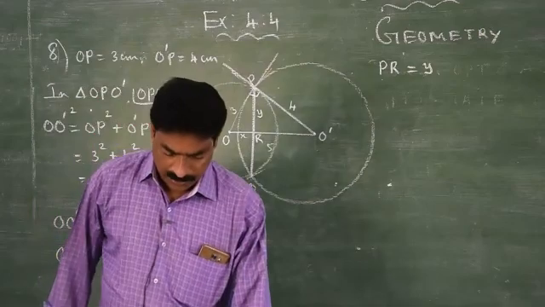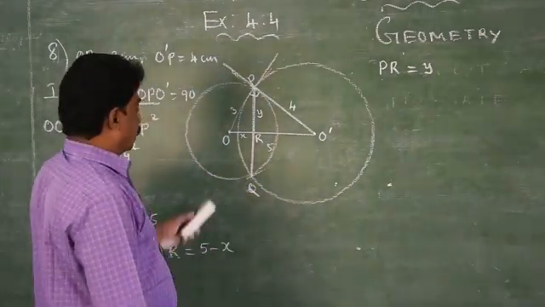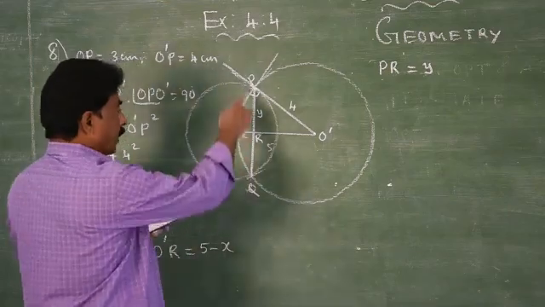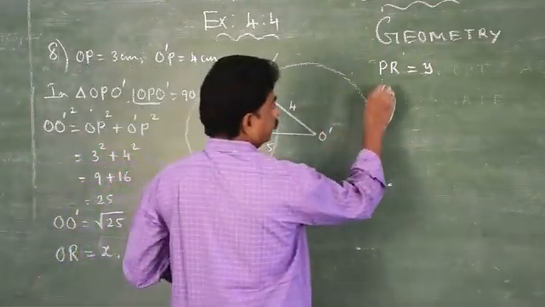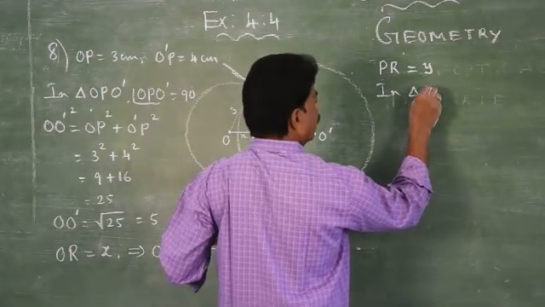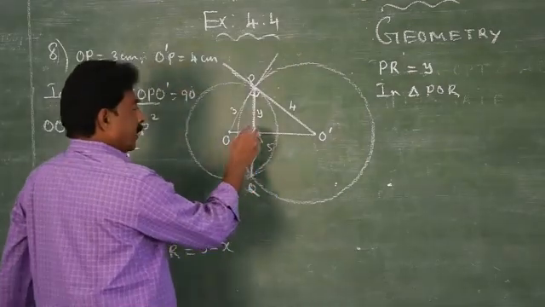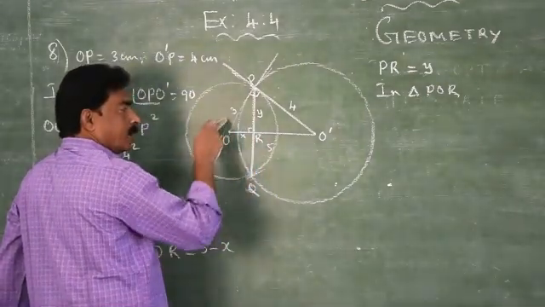Now, in triangle OPR, this is 90 degree, so OP is the hypotenuse.